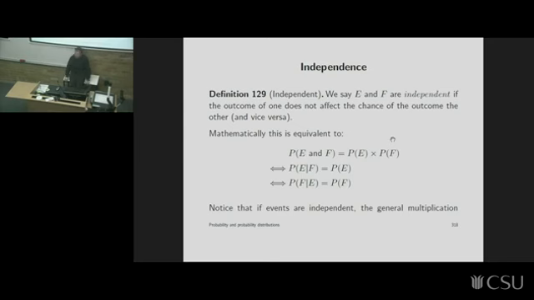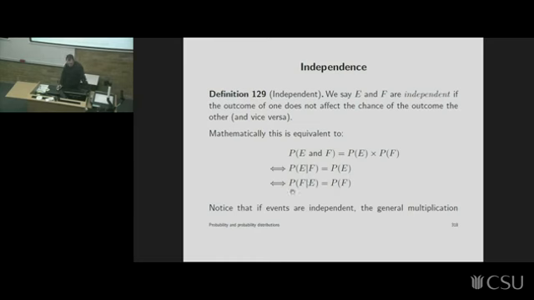Another way of putting it: the probability of E given F is equal to just the probability of E. So it doesn't matter if F is true or false, the probability of E doesn't change at all. That's what the second line is trying to say.